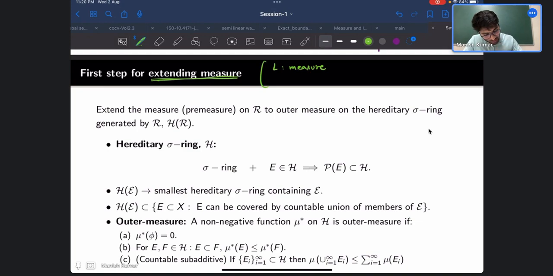The limitation of this measure was that it can only measure the length of intervals. So finite unions of intervals, let me write it this way.